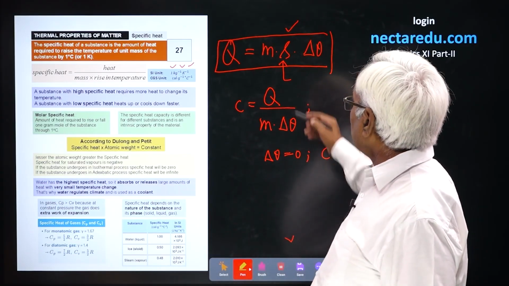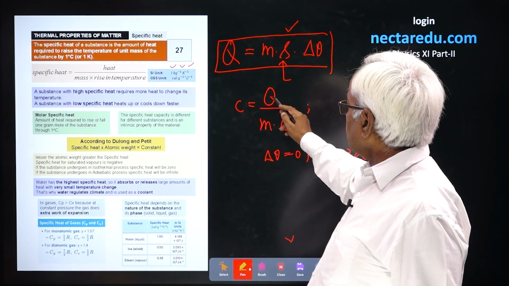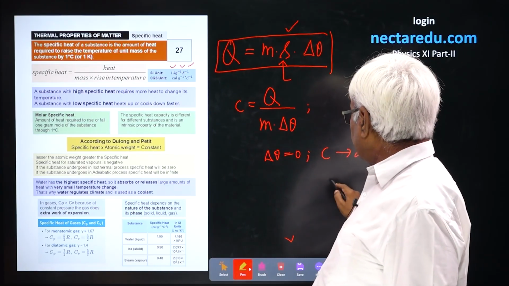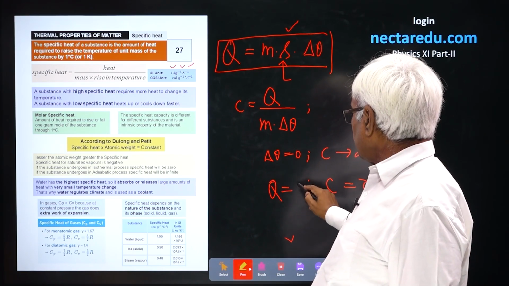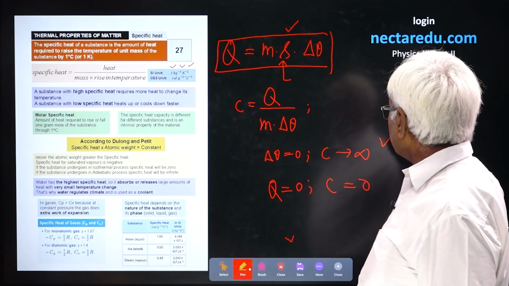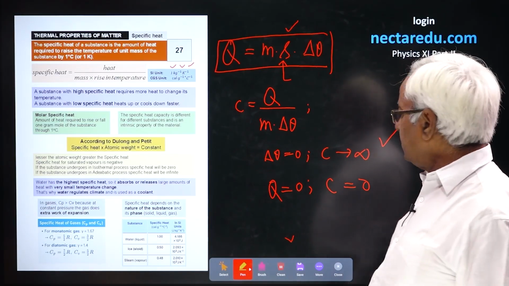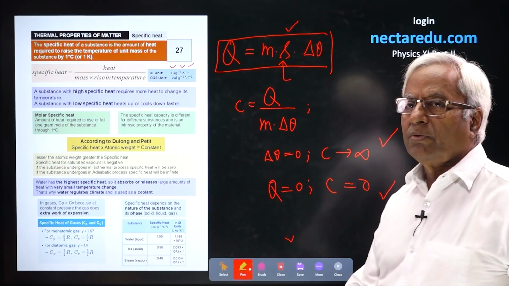Adiabatic process means no heat transfer, and if no heat transfer is there, Q will be taken 0. In that case, C is going to be 0. So these are the two extreme cases. In isothermal, specific heat is going to be infinite, and in adiabatic process, it's going to be 0.